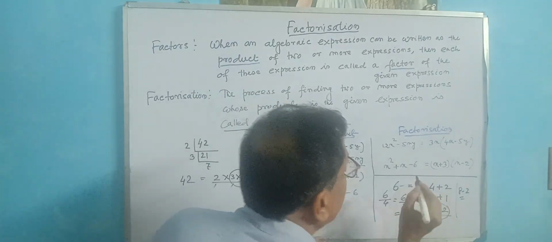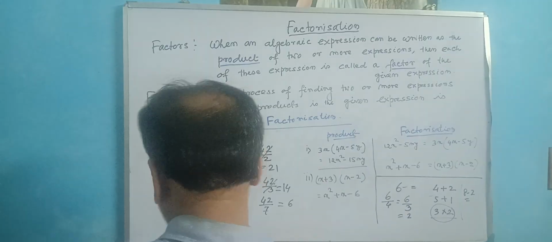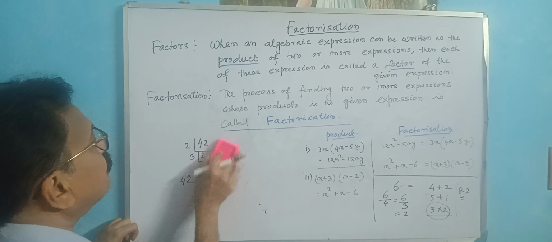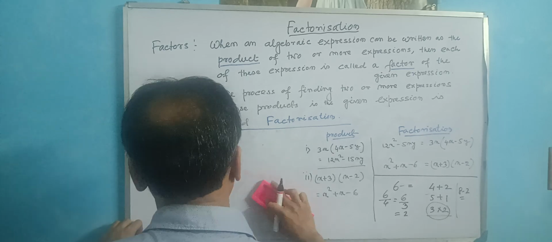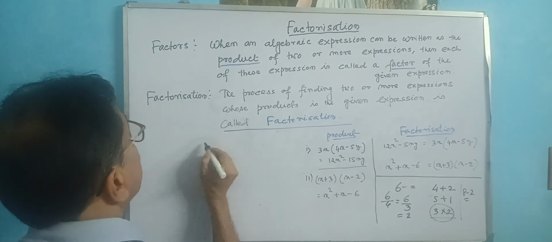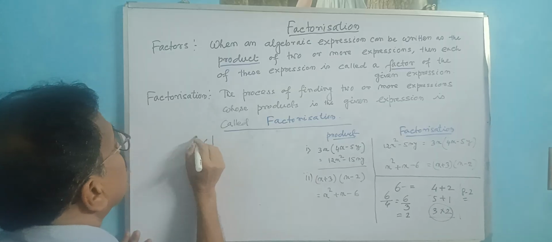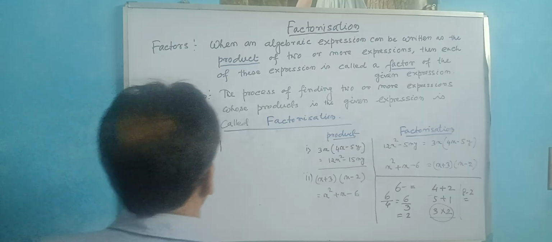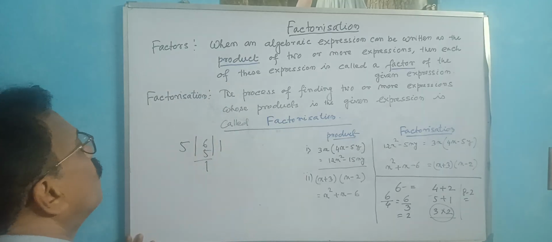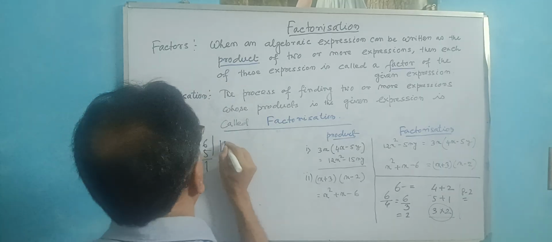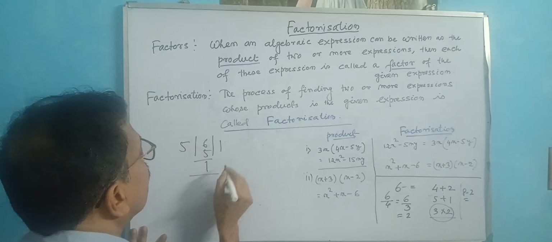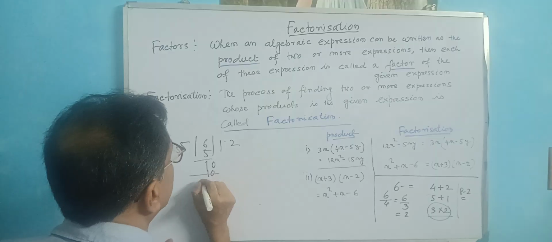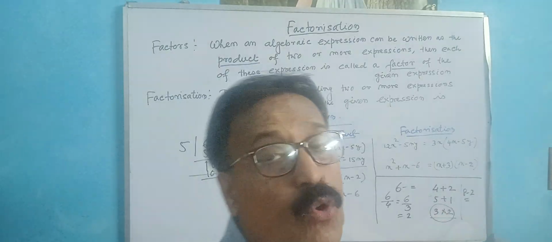5 is not a factor of 6 because, just write here, if you divide 6 by 5, 5 ones are 5, and the quotient comes as the decimal 1.2. It is not a whole number.